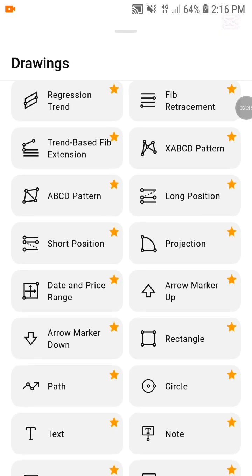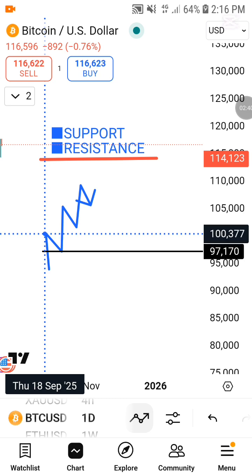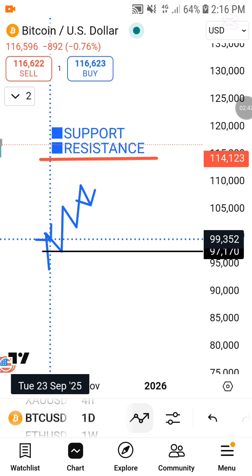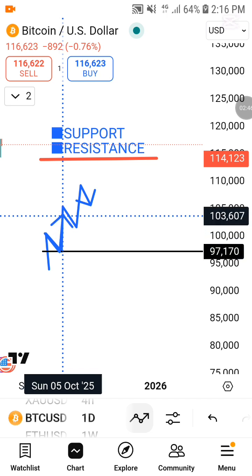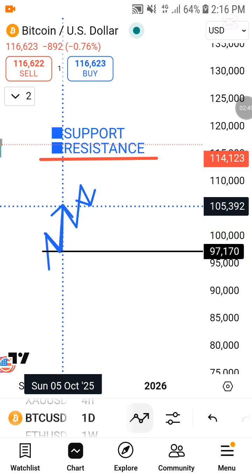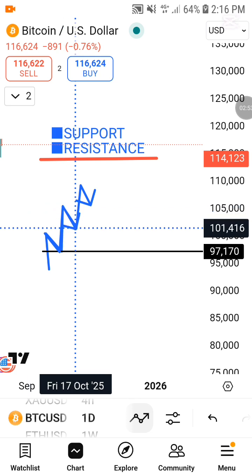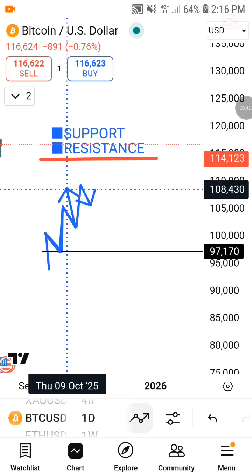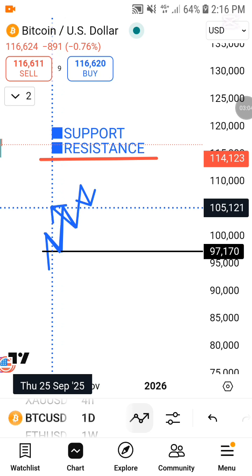Let's just say the price came from here. Sellers pushed the price of the market down a little bit here. Buyers came in and pushed it higher than before. Then sellers came in as an oppositional force and pushed it down a small bit, but they could not surpass the buyers. Buyers came in again and pushed it upward beyond the height of the price before.